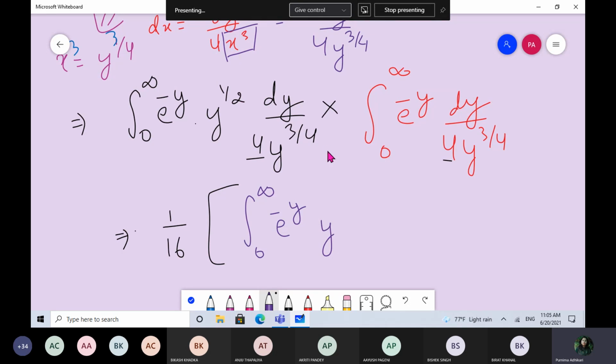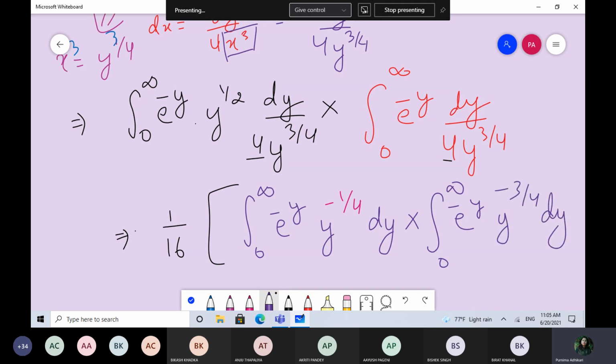What are you going to get? Minus 1 by 4, dy, into the second integral 0 to infinity e to the power minus y, y to the power minus 3 by 4 dy.